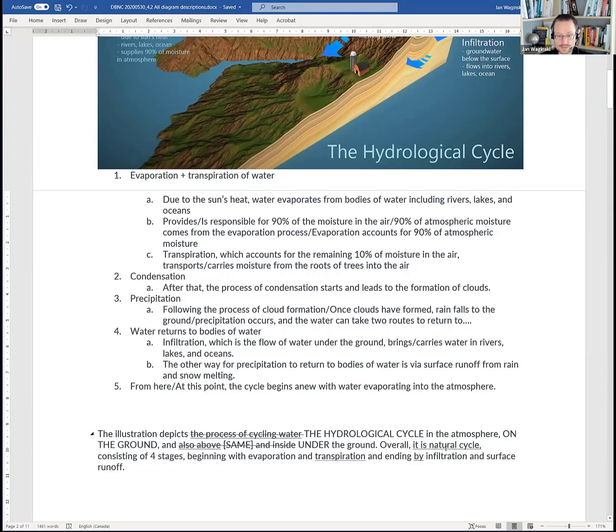Overall, it's a natural cycle consisting of 4 stages. Good, the grammar is fine. I just want to change it to this natural cycle consists of 4 stages, ending with?